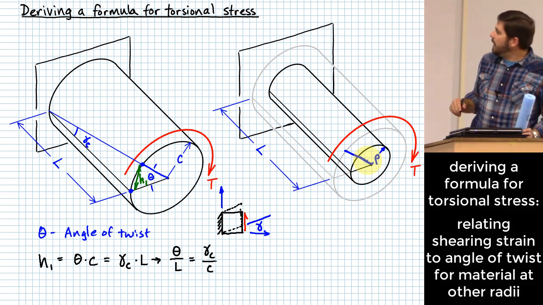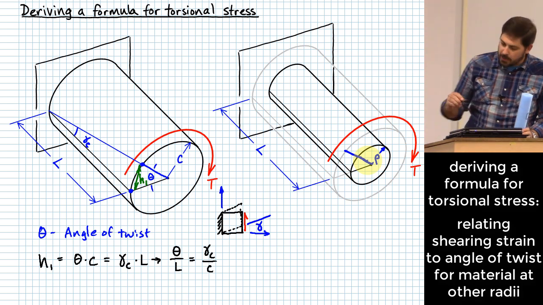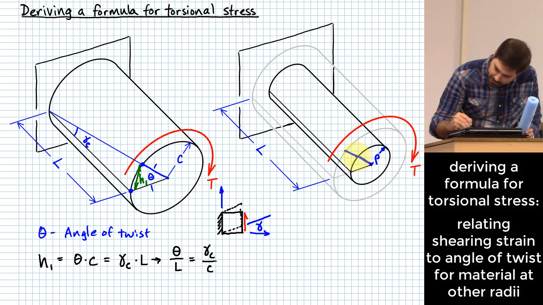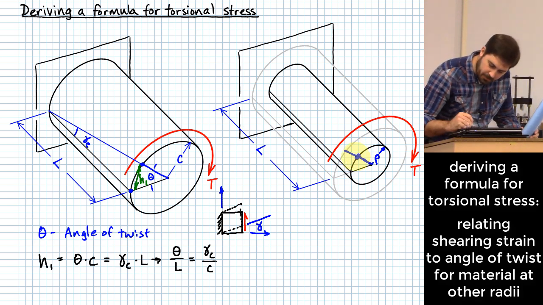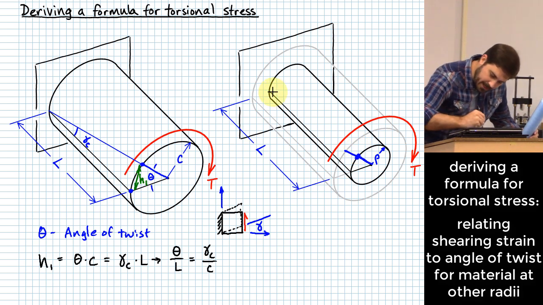But I don't care about that so much because what I want to do is look at what happens at this point right here, and what does that imply as far as the strain that's going to happen on this interior little piece.